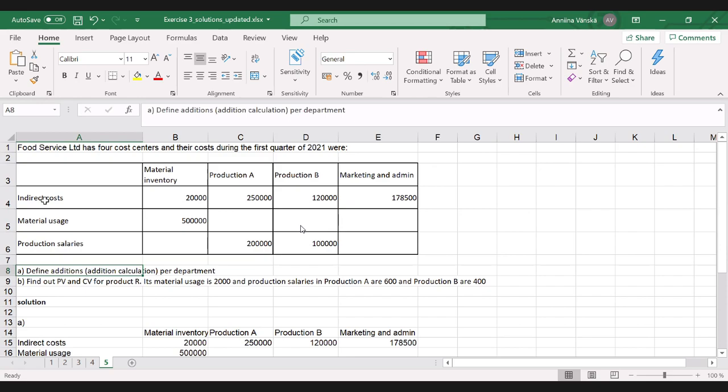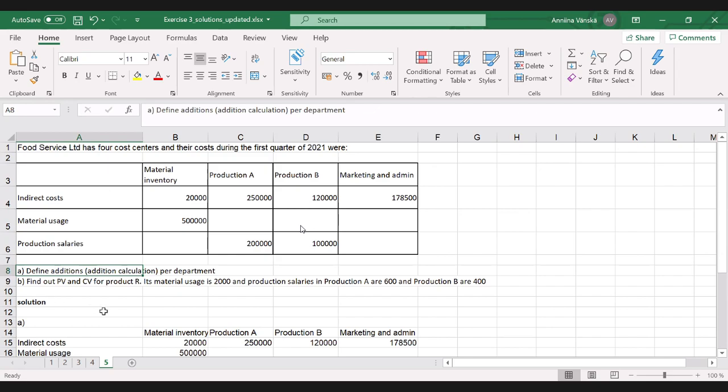Question was to define additions by using addition, calculating the additions per department, and find out production value and cost value for product R. Product R's material is 2,000, and production salaries in production A is 600 and production B 400.